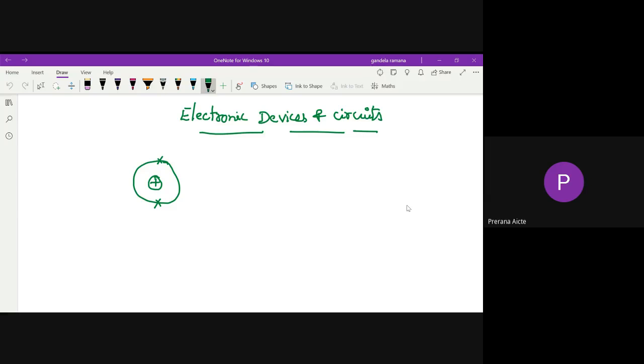So the maximum number of electrons in the nth orbit, how can we find out? It is 2n square, where n is the orbit number.